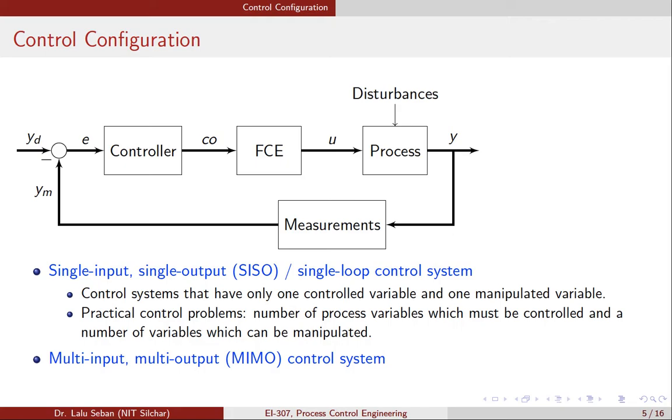Yeah, usually in real life this is not the scenario. Okay, we will come across processes which have many inputs and many outputs. So this representation may not always be satisfying. Now we have to find control strategies which will take care of multi-input, multi-output control systems. Okay.